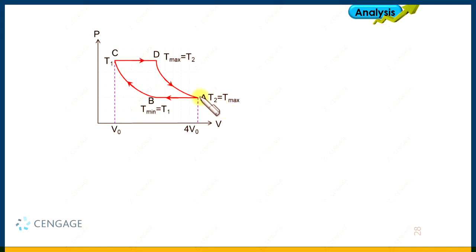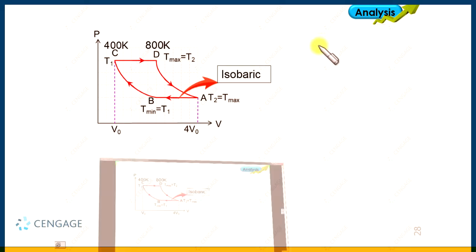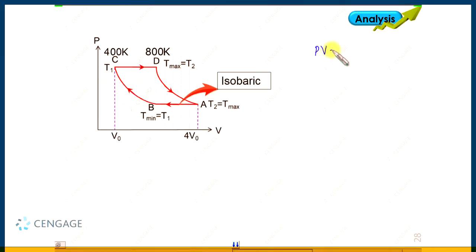Okay. So, let us move one by one, and we know this is 400 and this is 800. If we consider this process, we can observe the pressure is not changing. That means this process, the AB process, is an isobaric process, right? And we know the ideal gas equation PV equals nRT, right?